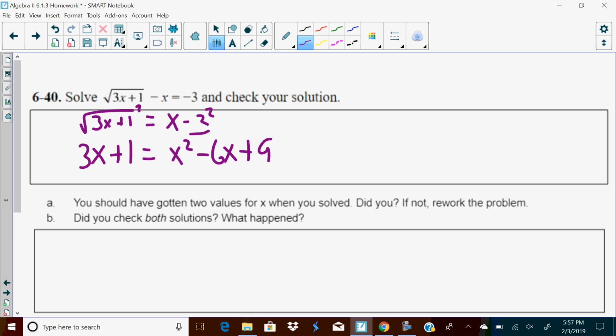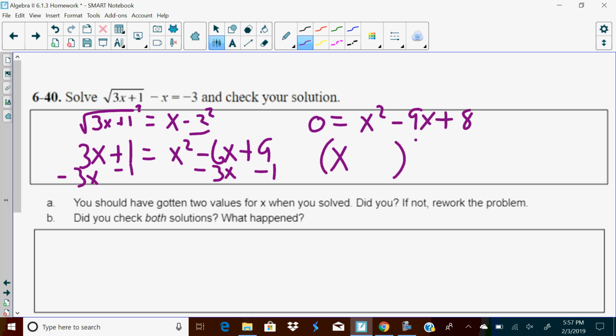Then I'm going to move everything over to make it equal to 0. So I get 0 equals x squared minus 9x plus 8. Then I factor, and I get x minus 8 and x minus 1. So x equals 8 and x equals 1.